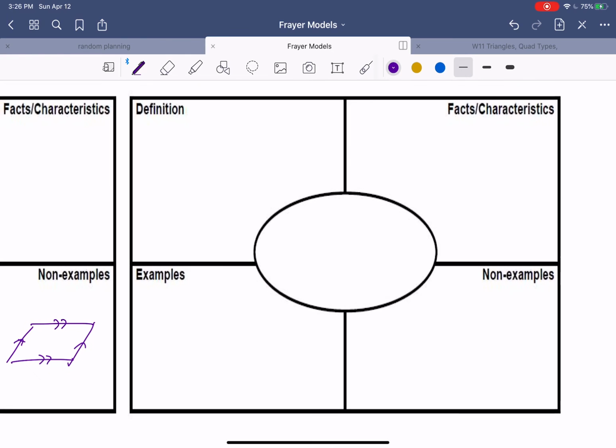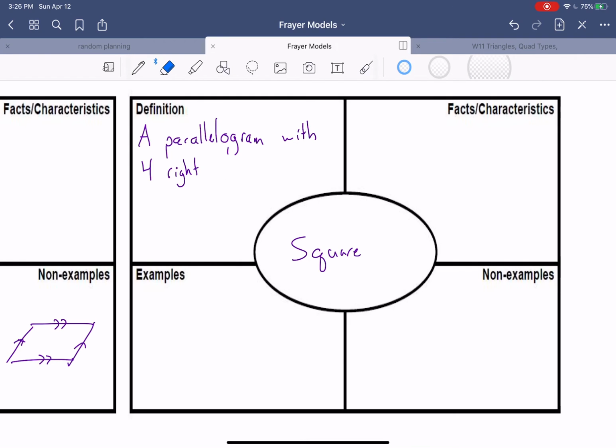The last one, and we've been using it as our examples, squares, right? Our definition of a square is a parallelogram with 4 right angles and 4 congruent sides.